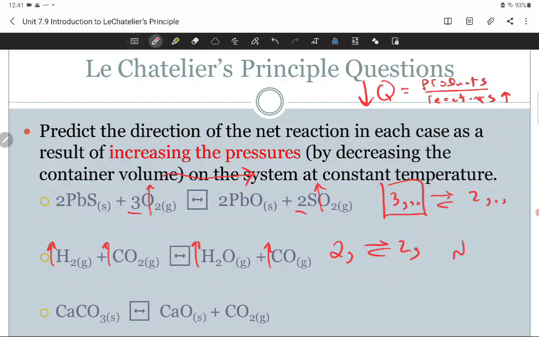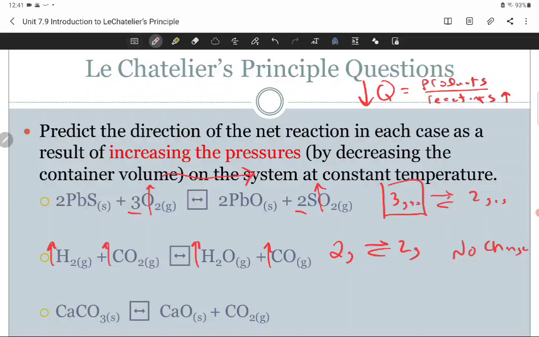So I think we'd be better off at this point saying no change, and that would be acceptable on a test. Now, if there was more information provided, we could go with that, but with what information is provided right there, I think we're going to have to say no change.